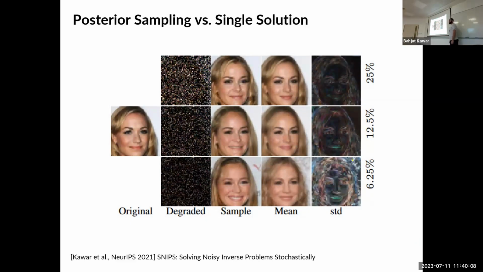This is the percentage of the data kept. And the more we reduce the amount of data we keep, the harder the restoration problem becomes because we have less data to deal with. This is what you see in the first column, degraded. And the second column, the sample, is what our algorithm returns. Here, our algorithm tries to sample from the posterior distribution we just mentioned, the distribution of images given this measurement.